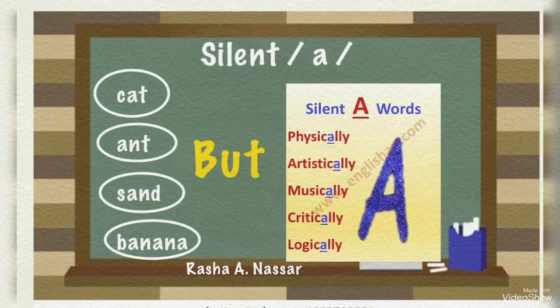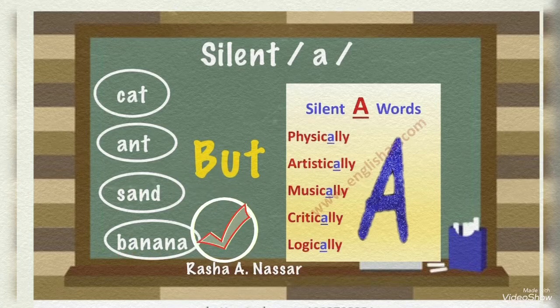And now, my dear students, let's begin our lesson with letter A. Letter A can be a silent letter. We can read letter A in many words, as in cat, ant, sand, and banana.